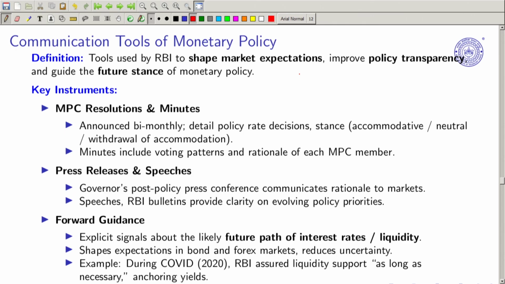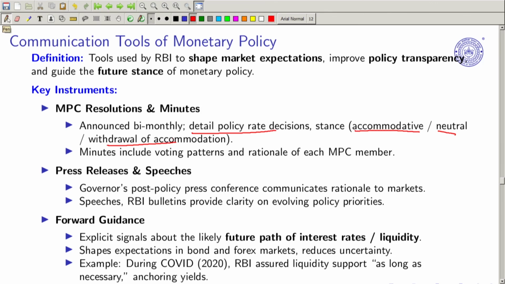If you see the frequency, it is announced bi-monthly, and the policy rate decisions are always considered, so based on the bi-monthly announcements we often see the policy decisions, how they happen, and whether those policy decisions are accommodative, neutral, or non-accommodative. So here you have to understand two things.